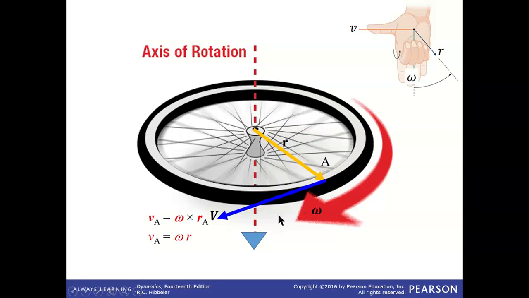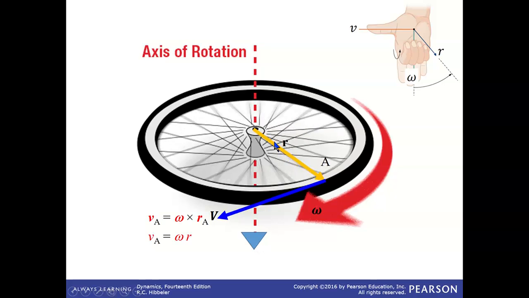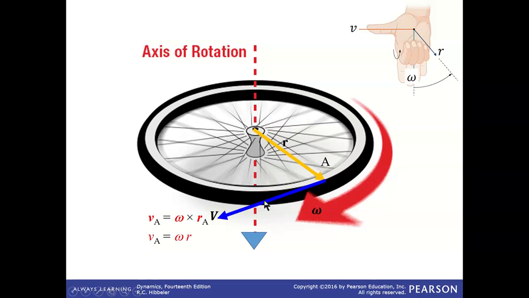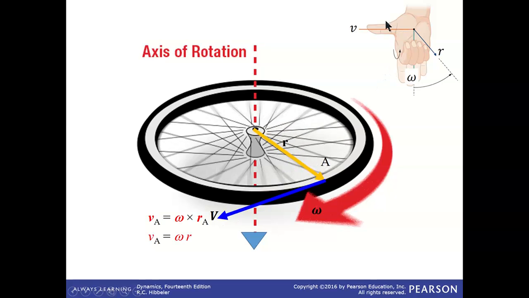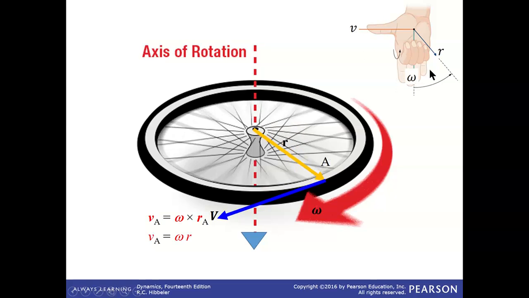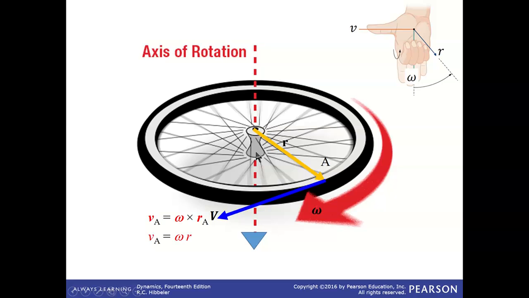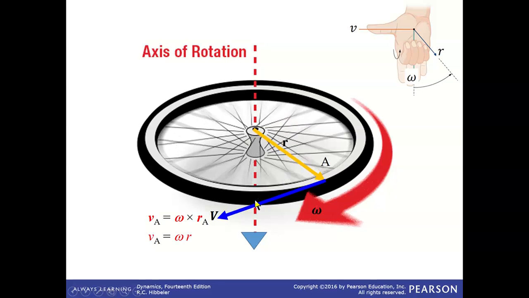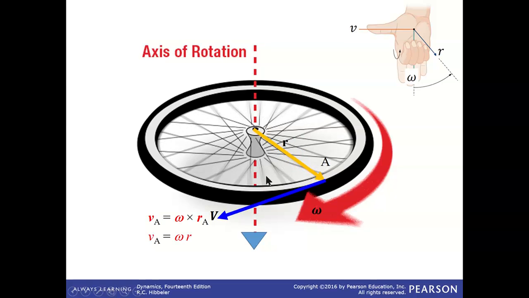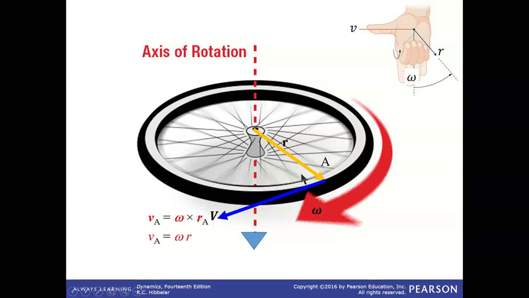You can also apply the right hand rule if you know the direction of omega, which is going downward here, and the direction of r, which is as shown in the figure. You can find the direction of v using the right hand rule. To apply it, focus on this figure here. Initially keep the fingers of your right hand open and straight, put your fingers in the direction of omega, so omega is going down, and then twist your hand and bend your fingers from omega to r.